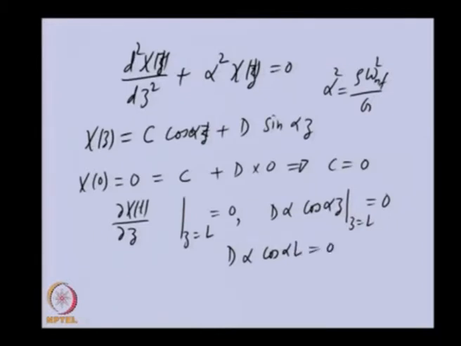So you can see either D is 0, then the whole motion will be 0, because C is already 0. If D is 0, motion will not take place. We are not interested in that. So D cannot be 0. For that case, this alpha in general cannot be 0. So we need to have this function cos alpha L is equal to 0.